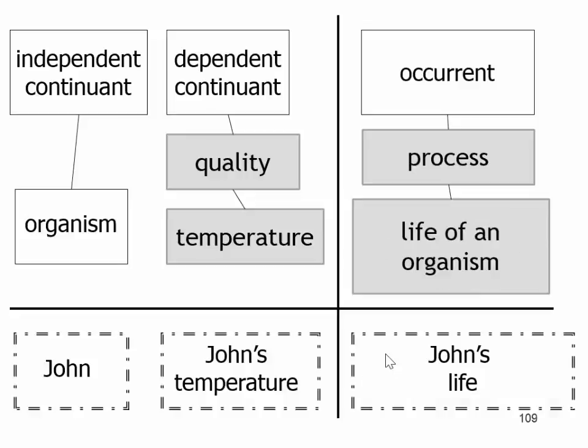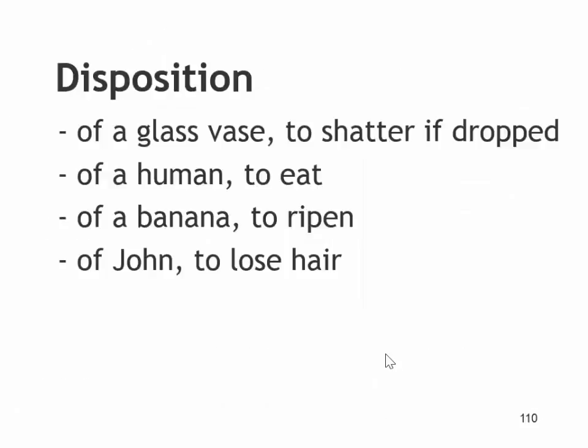Now, we talked earlier about dispositions, the disposition of a glass to break or of a human to eat. And we said that if a disposition ceases to exist, then its bearer is physically changed. Just a warning now, diseases, all diseases, trivially, are dispositions.